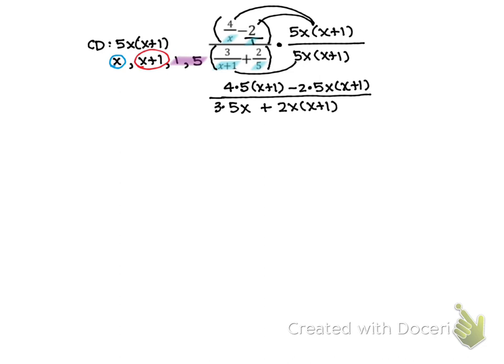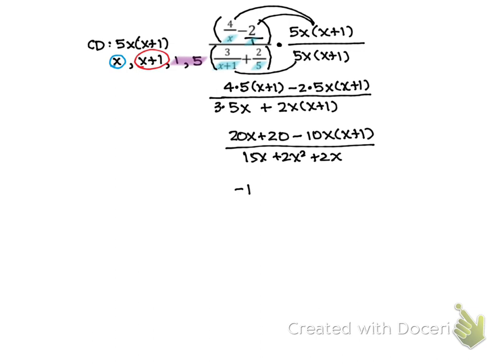Then from here, we got to clean this up a little bit. So this is going to be 4 times 5, which gives us 20. 20 times x plus 1 is 20x plus 20. And then this is going to be minus 10x, and I'll do this multiplication next. X plus 1, and then I'm going to get a 15x in the bottom, plus a 2x squared, plus a 2x. Let's clean this up.